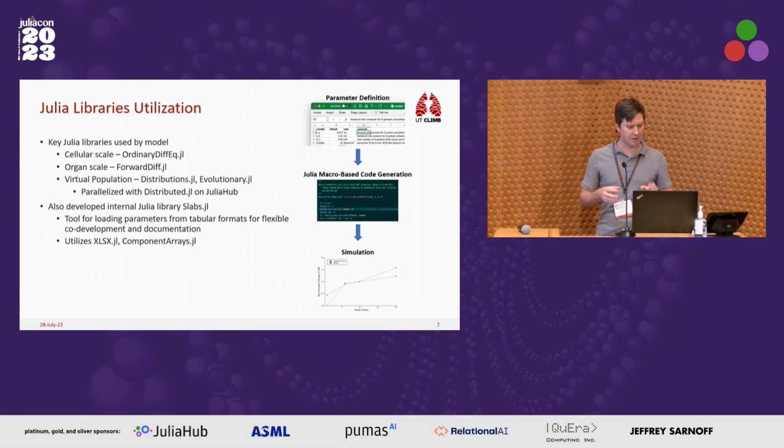We've also developed an internal Julia library called Slabs.jl, which is useful for putting all our parameters and information about where they came from, the type of experiment that was used to generate them, also our initial conditions. We can put that in an Excel sheet and just load it into the model, which sounds trivial, but in our field, documentation is extremely important. If you go to the FDA, you want to be able to tell them where your parameters came from. So this has been extremely useful for us too.